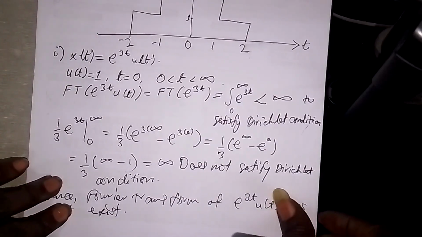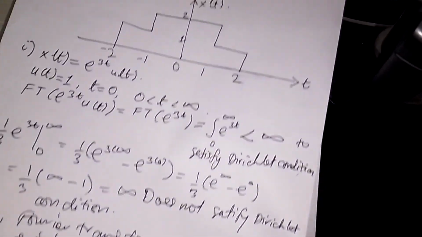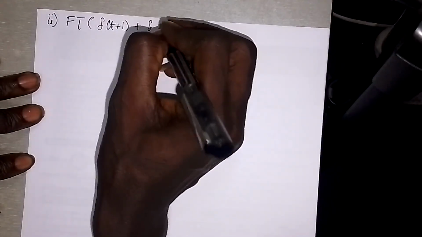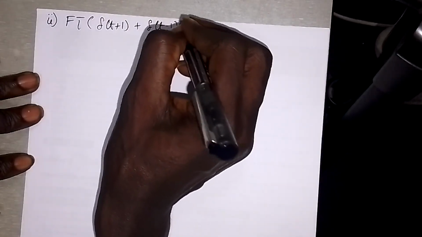All right, so let's go to the next one. In the next one, I have II. I need a Fourier transform for delta of t plus 1 and delta of t minus 1.